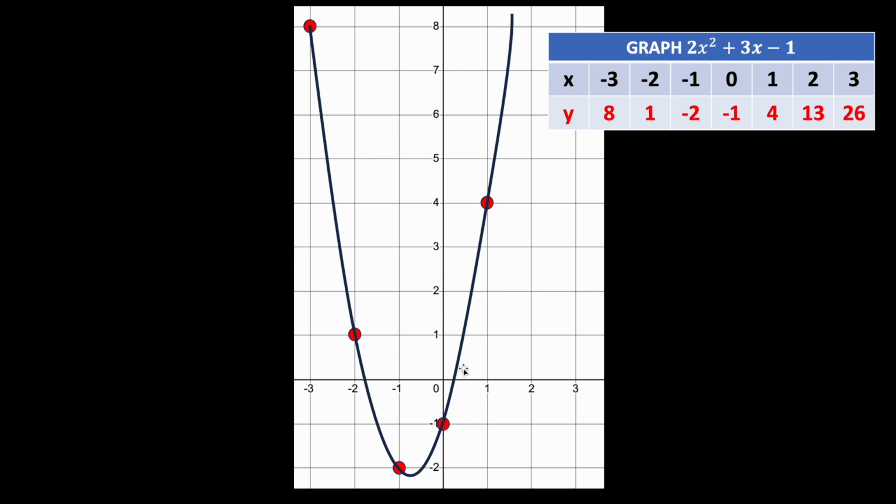So it's really close to what the perfect line would be. That is how we draw quadratic graphs from quadratic expressions using a table of values. It is the easiest way to do it to make sure you get the most accurate line, the most accurate curve.